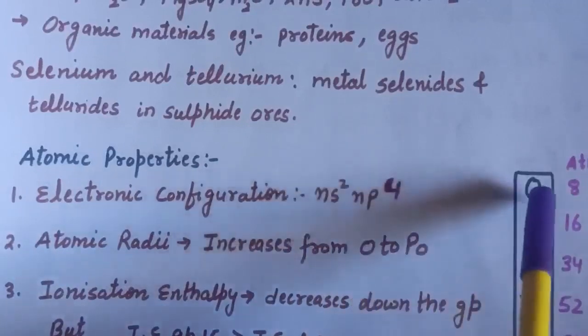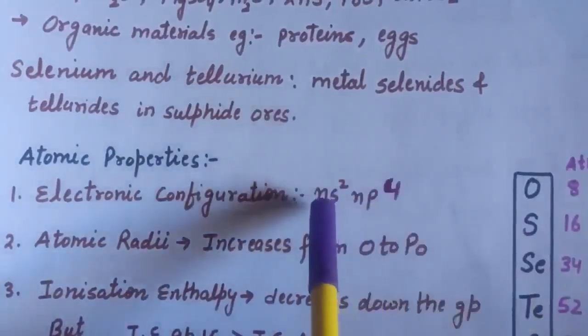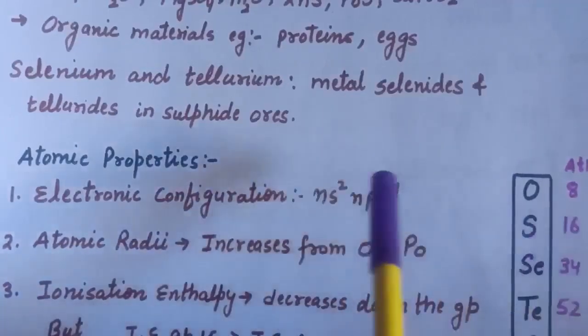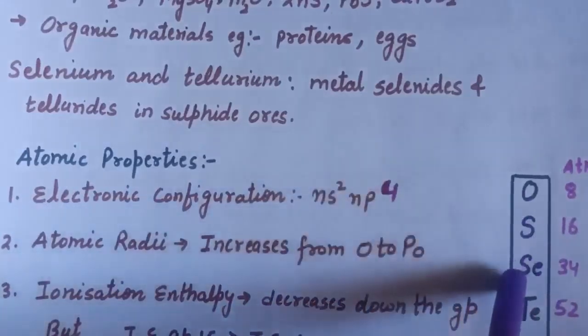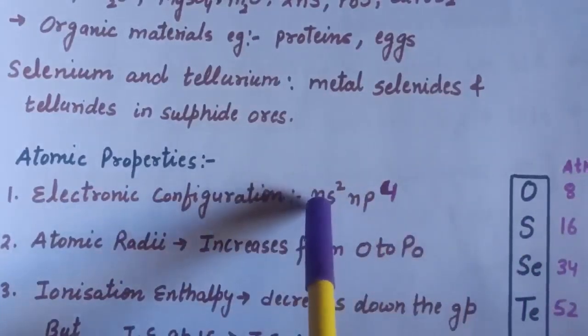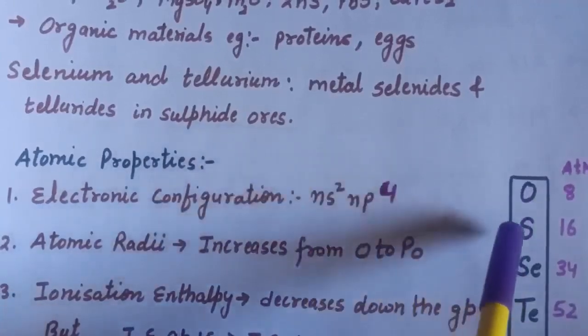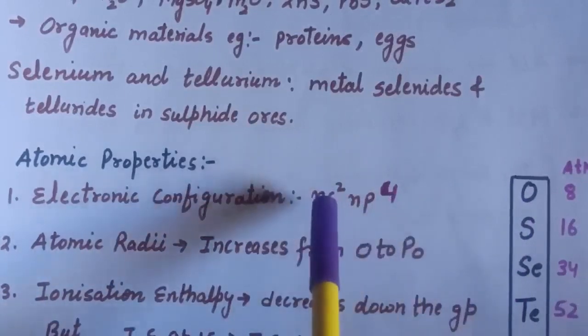For example, the atomic number of oxygen is 8, so the outermost electronic configuration is 2s2 2p4, and for sulfur it is 3s2 3p4. When we move from sulfur to selenium, the value of n will change to 4. So in case of oxygen n equals 2, in sulfur n equals 3, in selenium n equals 4.